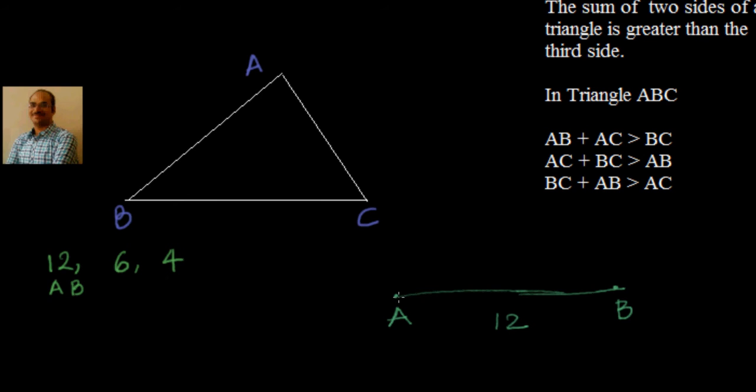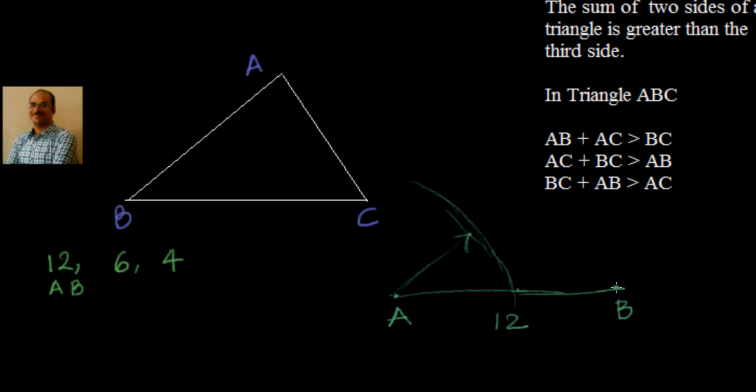You will take the compass, and from A you have to go for 6. So out of 12, the middle is 6. I will take the compass for 6 and draw the arc like this. I have drawn the arc for 6.